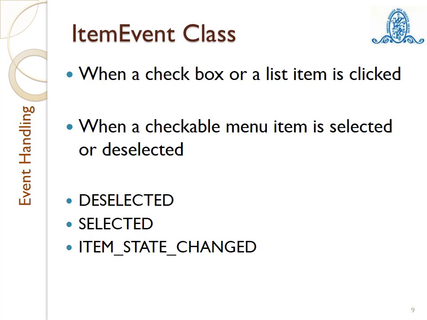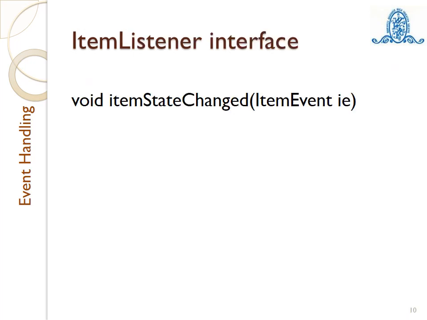Now this ItemEvent class defines three constants: DESELECTED, SELECTED, ITEM_STATE_CHANGED. The DESELECTED constant is used when an item is deselected. The SELECTED constant is used when an item is selected, and when the state of an item is changed, at that time the ITEM_STATE_CHANGED constant is initialized.